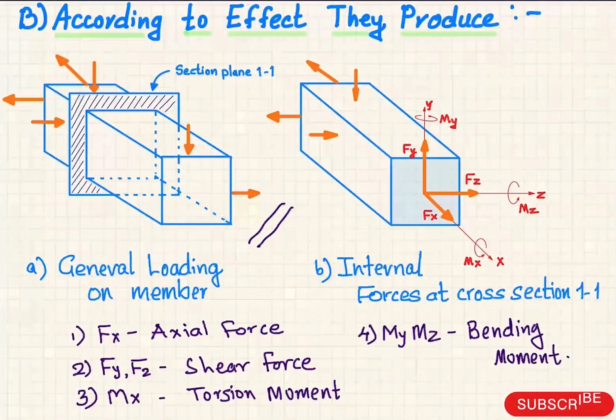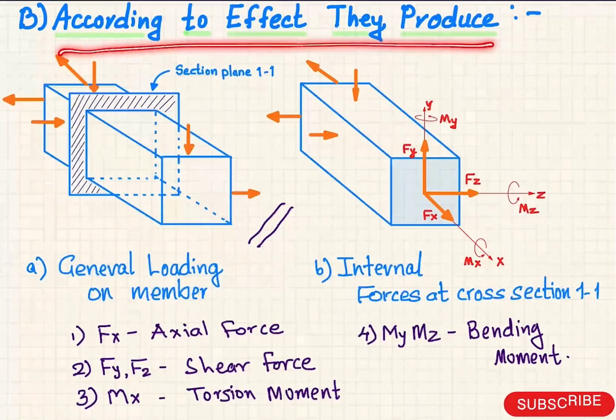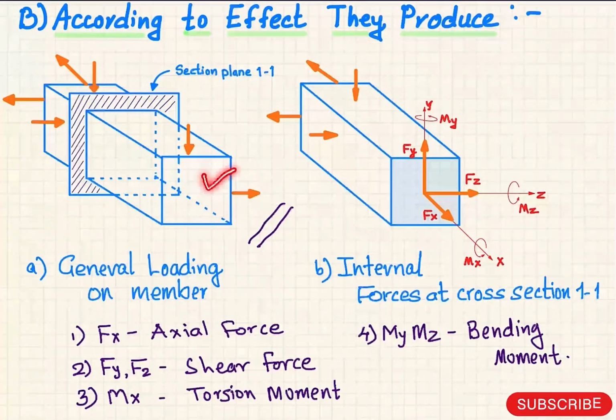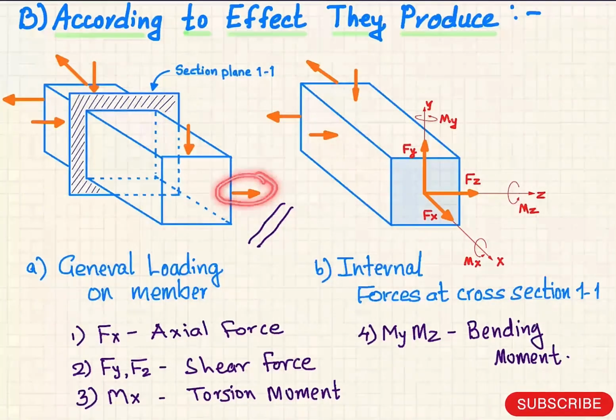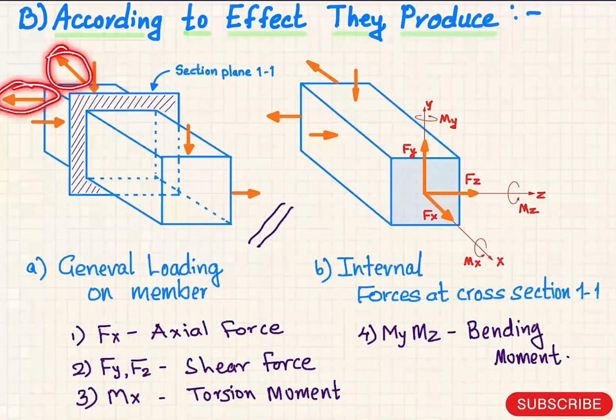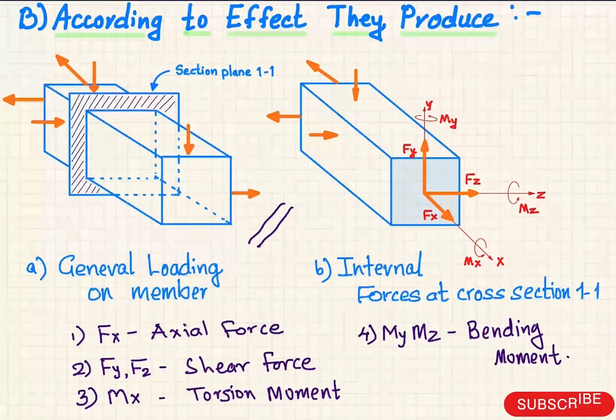Another classification, according to the effect loads are producing, we will see here. We have taken a square specimen to check the various effects of the load. A variety of loads acting on a structural member produce different types of effects. For convenience, these forces are resolved into components, normal and tangential.